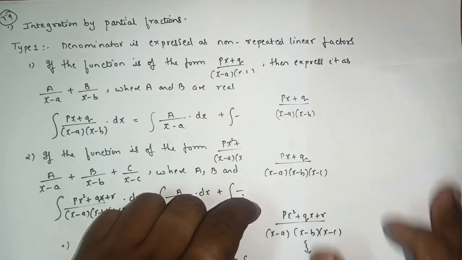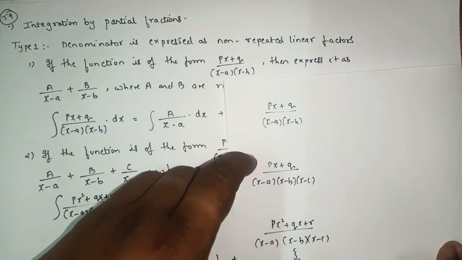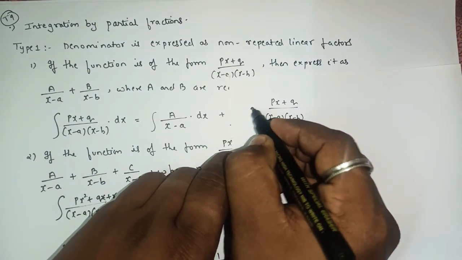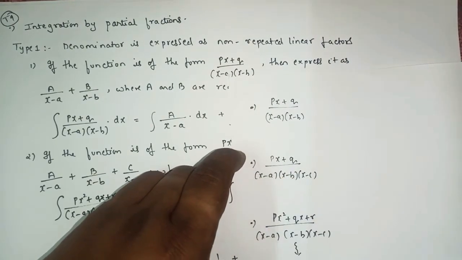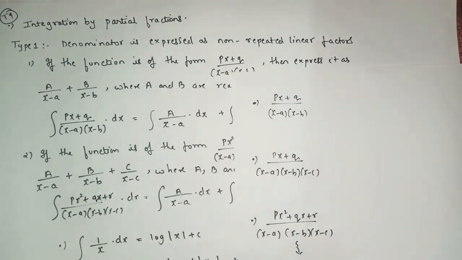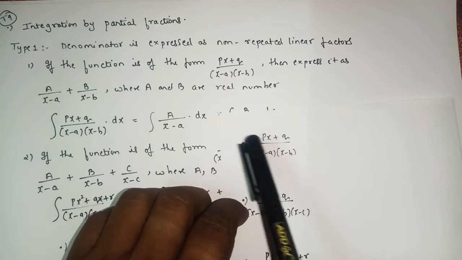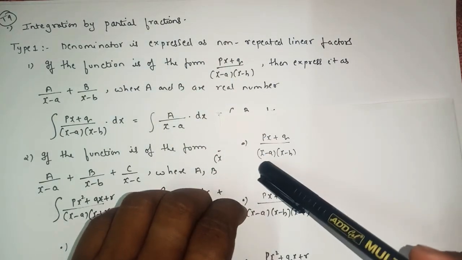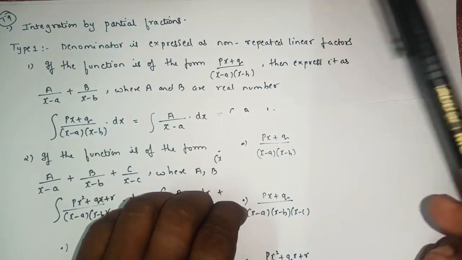So in type number 1, where the denominator is expressed as non-repeated linear factors, you will come across sums like this, this and this. These are the three major subtypes. When the function is of the form px plus q, the denominator is expressed as non-repeated linear factors.